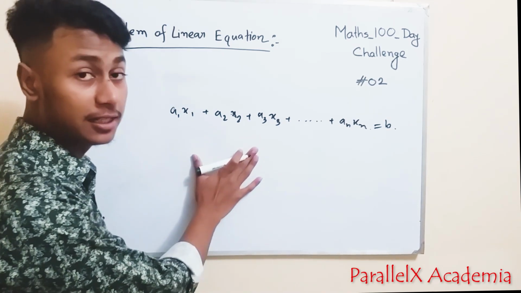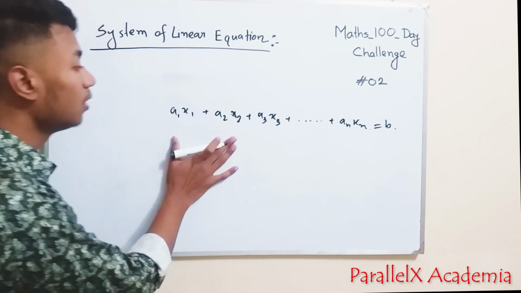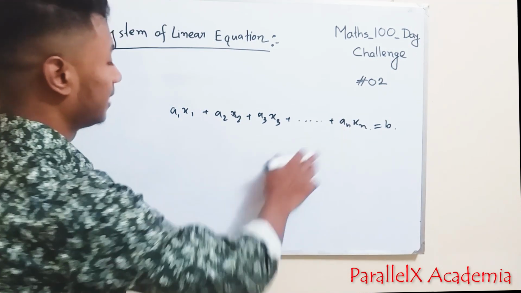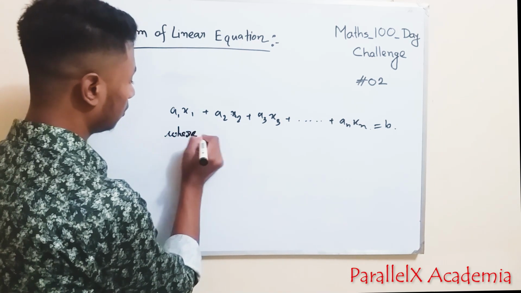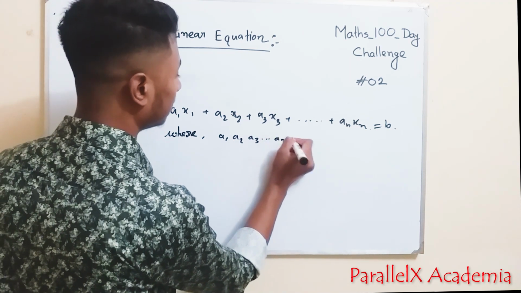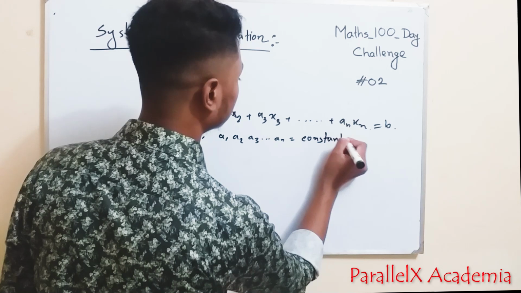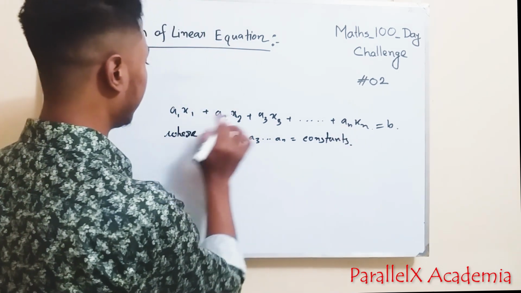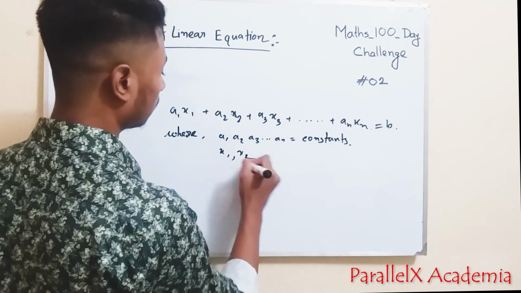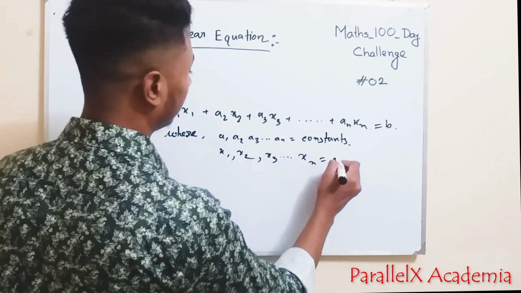This is the equation of a linear equation. How? Because it has n variables and n coefficients, where a1, a2, a3 dot dot dot an are constants, and x1, x2, x3 dot dot dot xn are variables.